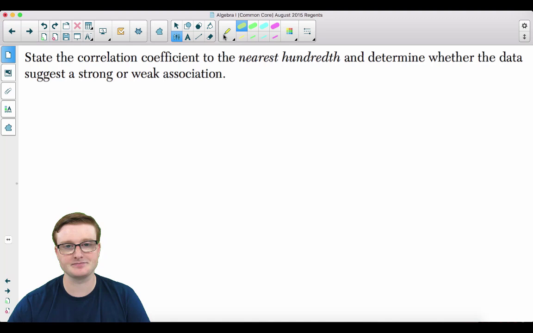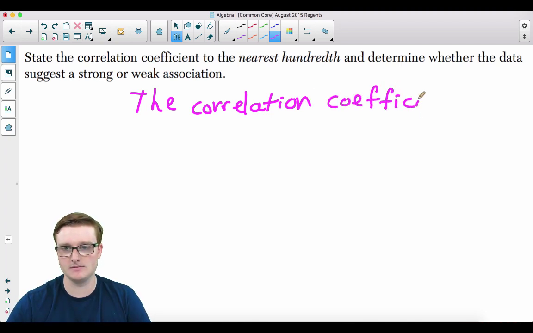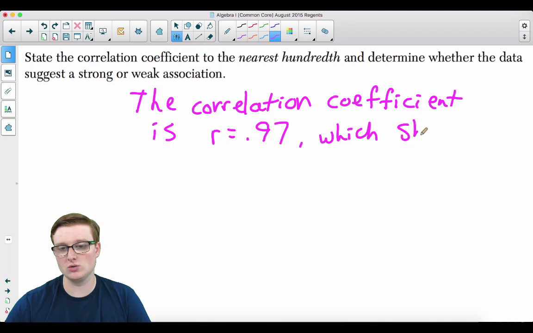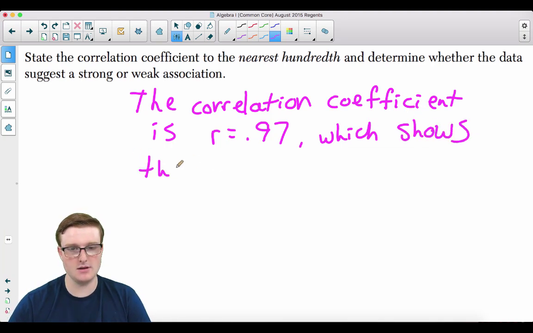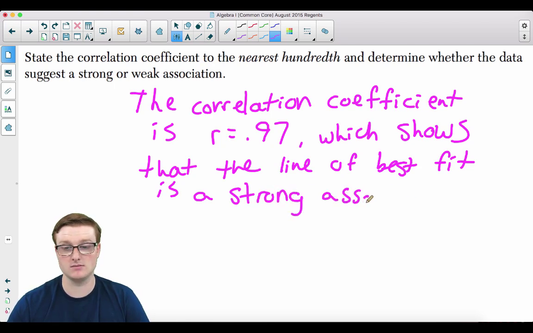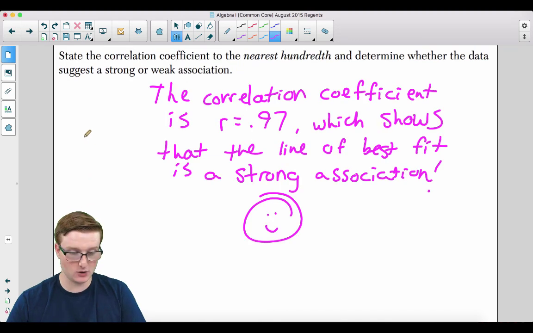So you're going to say in your answer that the correlation coefficient is r equals 0.97 rounded to the nearest hundredth, which shows that the line of best fit is a strong association. Happy. And that's how you explain your reasoning. Not too bad of a question.